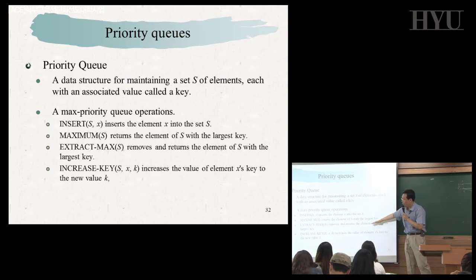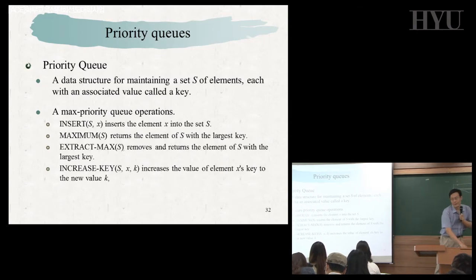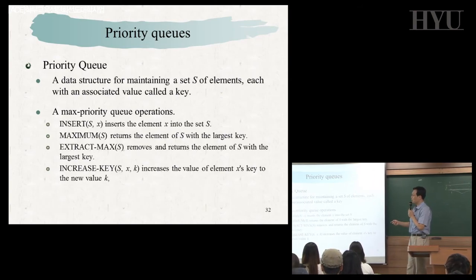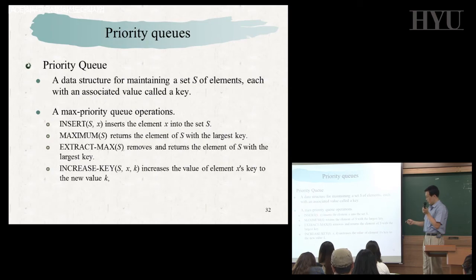So there are 4 main operations for priority queues. The first one is insertion. We insert a new key X into a priority queue S. And the maximum, to get the maximum value of the priority queue.